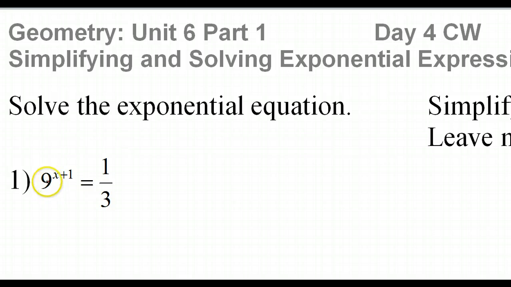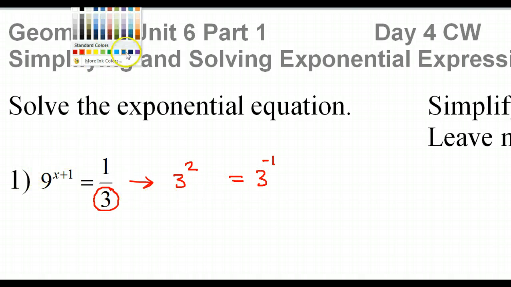On the left-hand side, I see this 9, and I could write that as 3 squared. On the right-hand side, I'm seeing this 1/3. Focus on that 3 again, because I already have a base 3 going. But I could write this fraction as 3 to the -1 power, and that would have the same value.